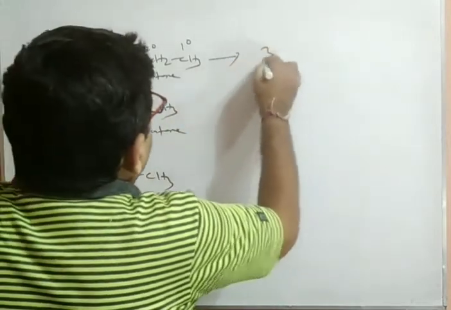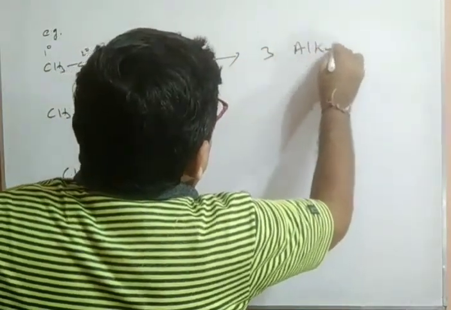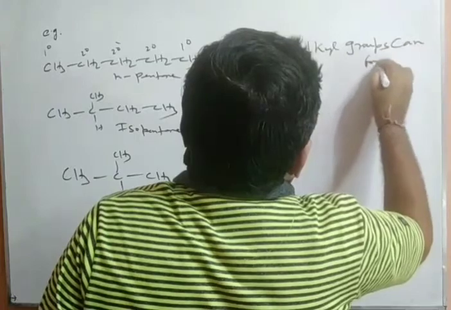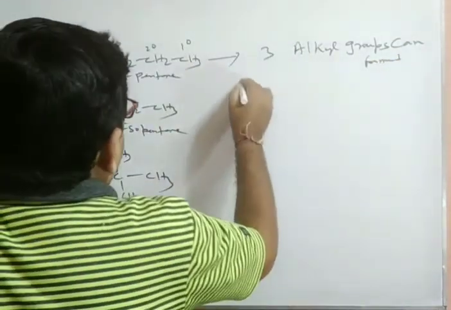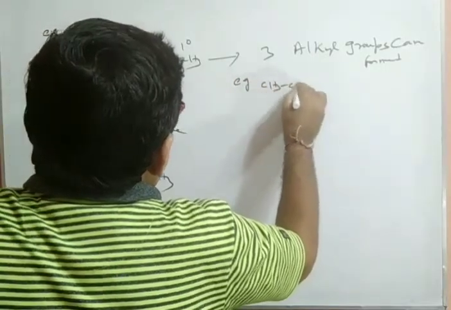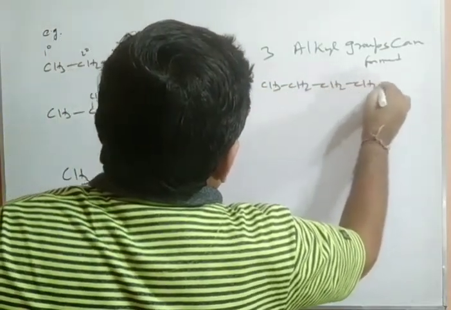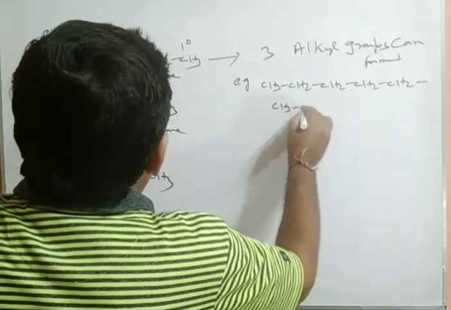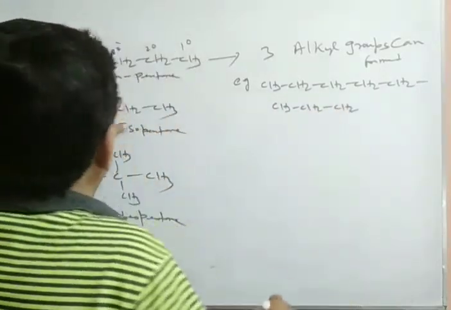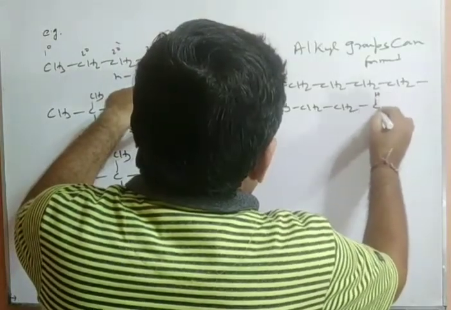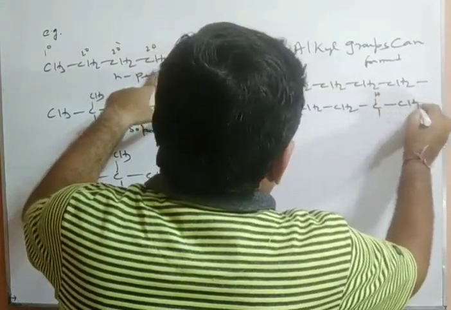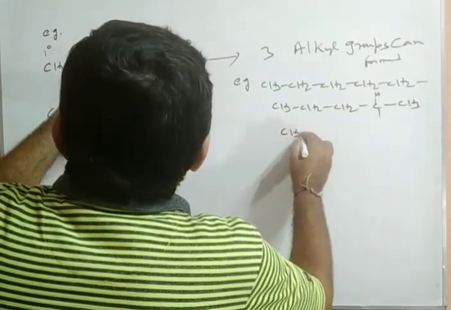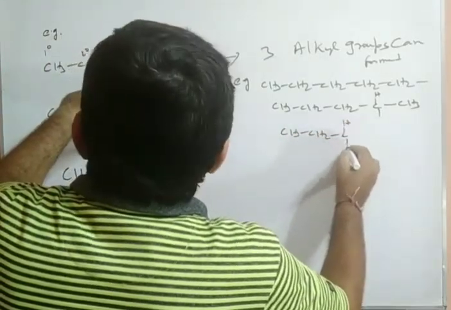So 3 alkyl groups can form. Like, suppose you remove hydrogen this way; second one you can write, suppose hydrogen atom is removed from this carbon atom, and third one for the center carbon atom.